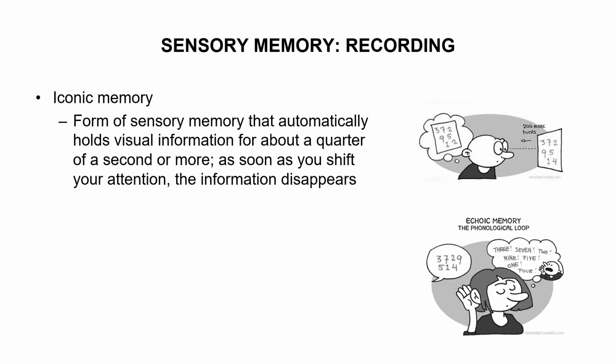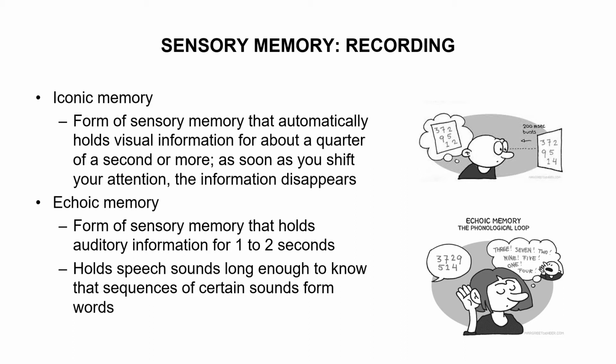And a lot of information that's hitting the senses is not even processed into full memory if you don't focus attention on it. We'll come back to attention again later, but for now, note that a lot of information that hits sensory memory is in it for just the briefest amount of time unless you focus attention on it. So iconic memory is really that very brief visual memory.